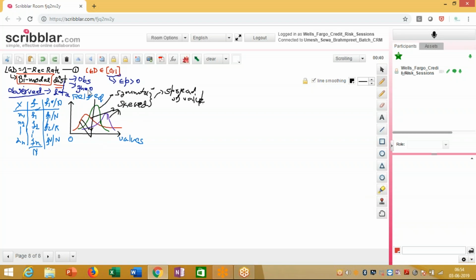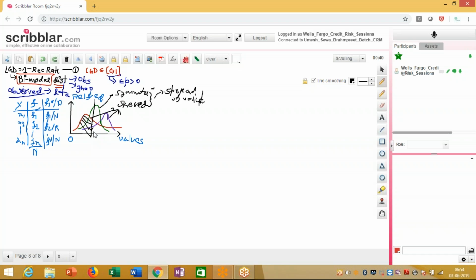And there are a few values on the right-hand side of the distribution, which creates a long tail towards the right-hand side.